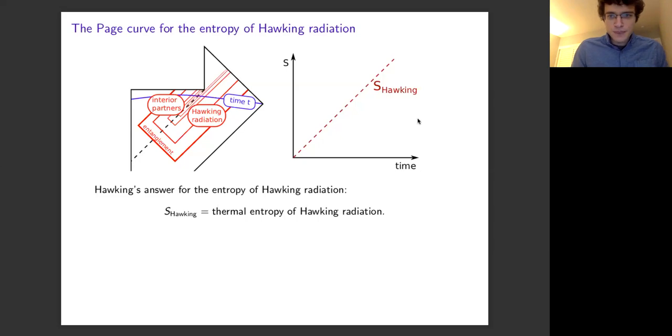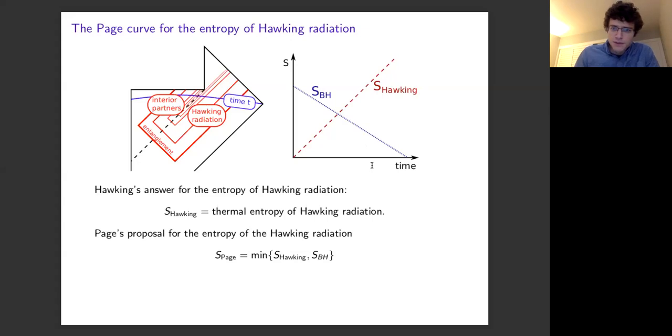Now, the problem with this function is that eventually, as time passes, that entropy gets bigger than the thermodynamic entropy of the black hole. And the black hole can't have more entanglement entropy, that is more fine-grained entropy, than its thermodynamic entropy.